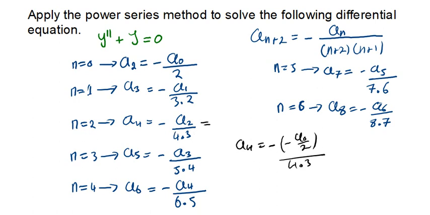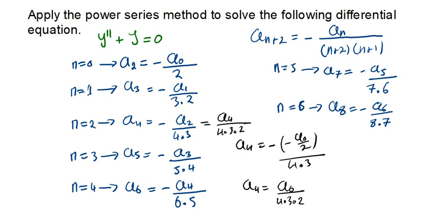So we just observe that our a sub 4 is equal to a initial divided by 4 by 3 by 2. That is what our a sub 4 is, positive.